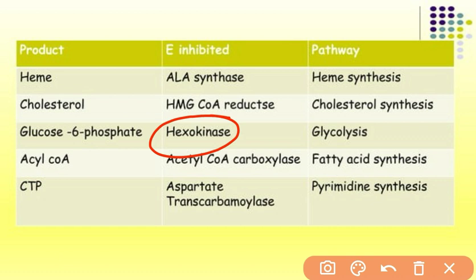This is the most important enzyme in glycolysis. It leads to formation of glucose 6 phosphate from glucose. After formation of glucose 6 phosphate, it inhibits the activity of hexokinase. So from this point, the EMP pathway does not continue. So it is end product inhibition or negative feedback inhibition in glycolysis.